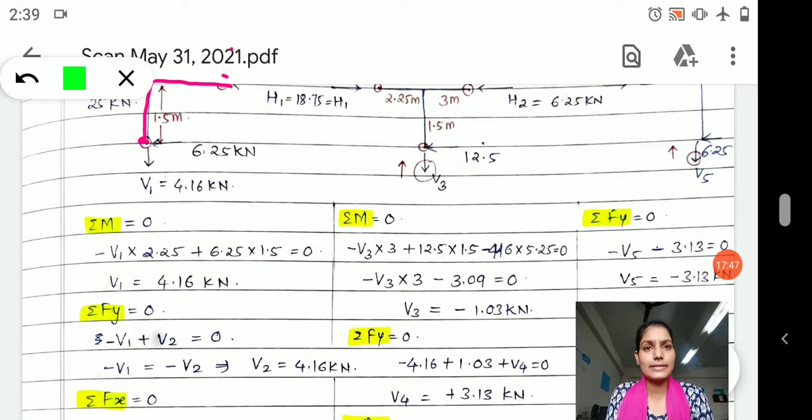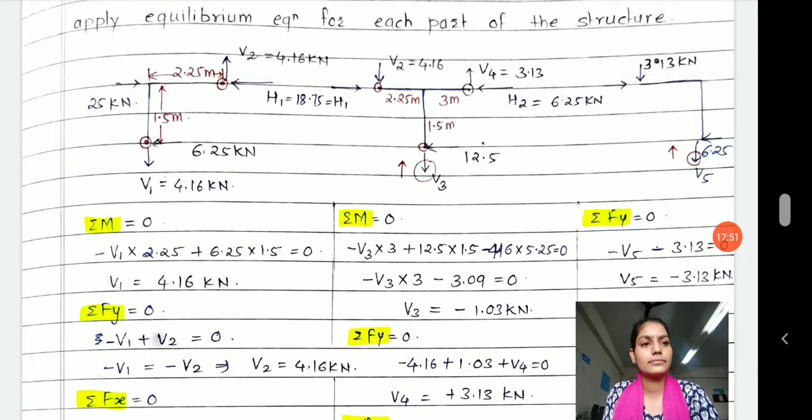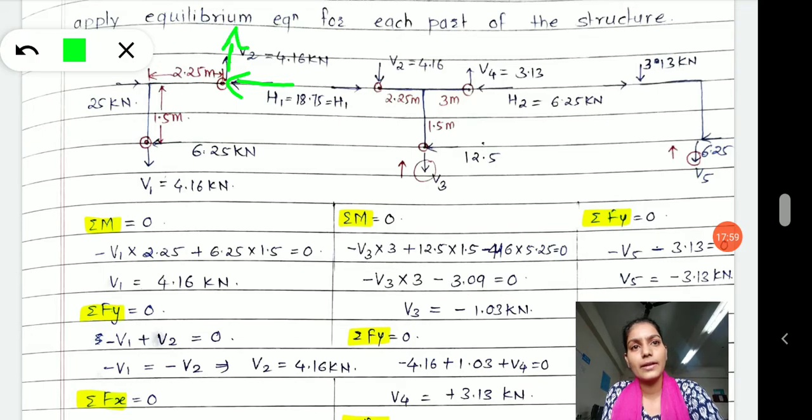Now take the second forces. Okay, now I am taking these second forces like this and this. These are the forces. First of all, see, I have this force 6.25, 12.5 and 6.25.